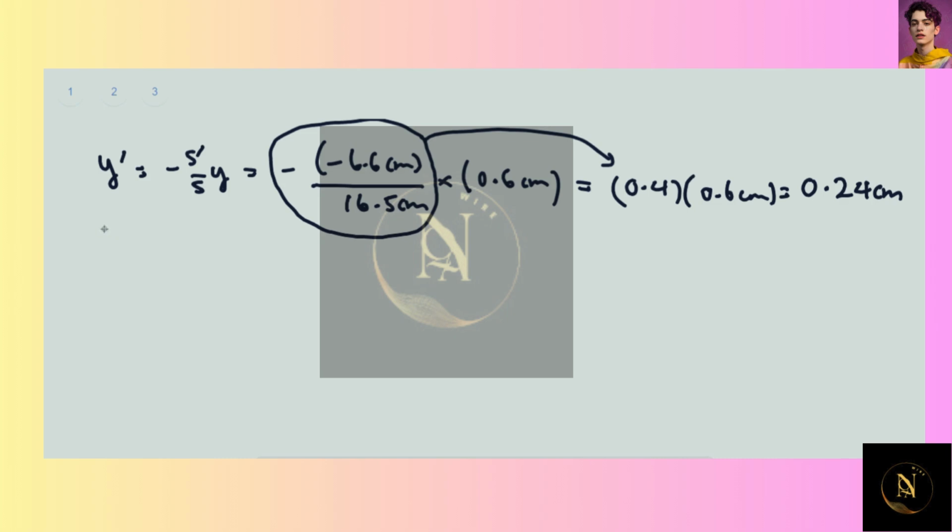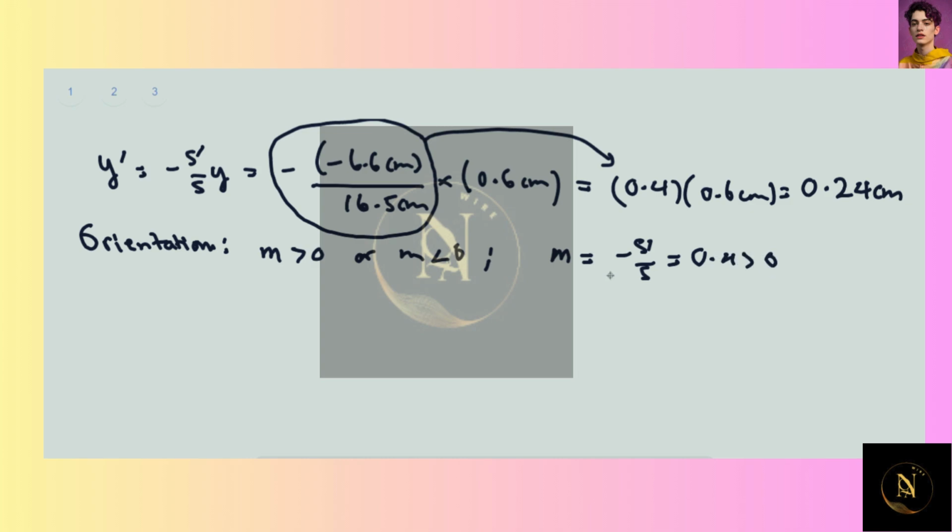And now we need the orientation. And this is determined by whether or not m is positive or m is negative. And we found m is minus s prime over s, which, from the circle here, is 0.4. So that's positive. So that means the image is erect.